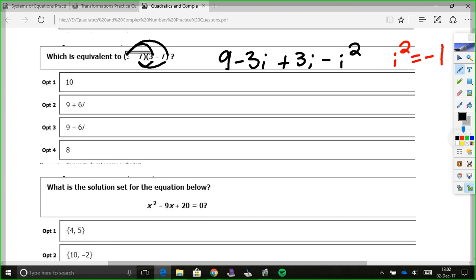So you see this i squared right here? I'm not talking about the negative in front, I'm just talking about the i squared. It's equal to negative 1. So we'll have 9 minus 3i plus 3i minus negative 1. A lot of you will forget that the negative on the outside here is its own negative. It's separate.